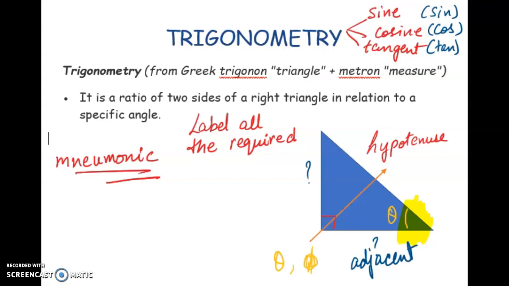And finally, the side length that is just across theta that I am not able to touch, that is called the opposite side. Opposite means you're not able to touch. I can't touch.